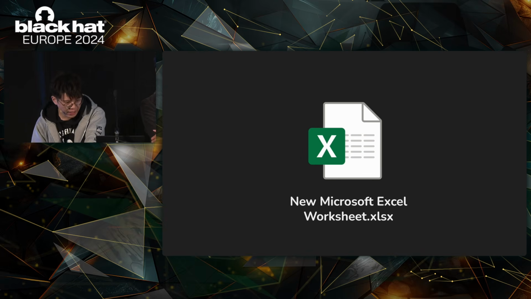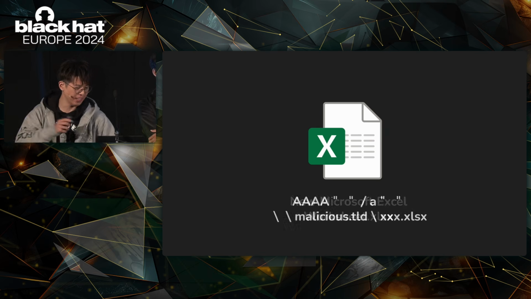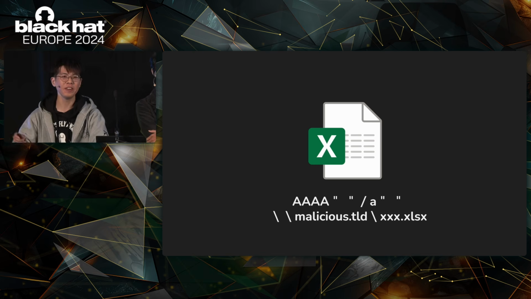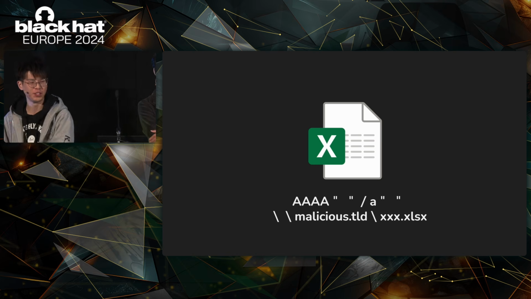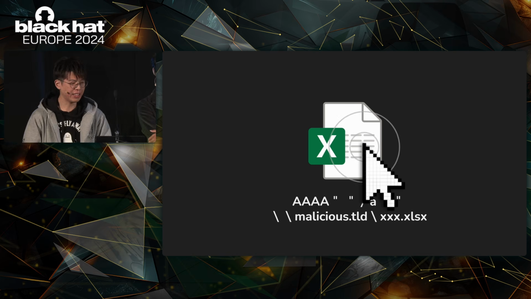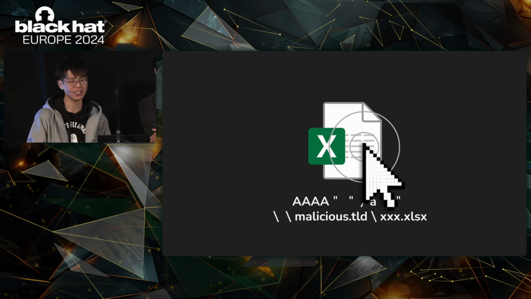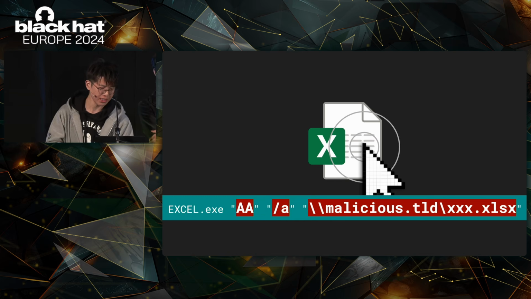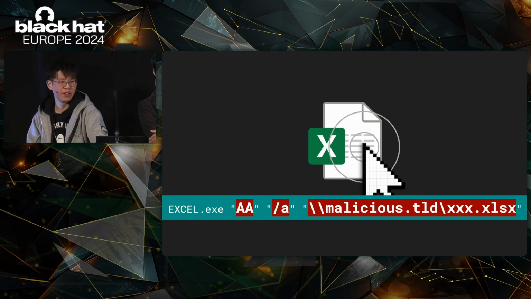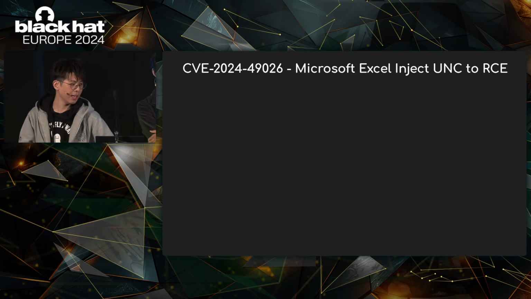If we rename this Excel file into the following name, replacing all the slash, backslash, and double quote with their Unicode versions, once we double-click the file, WorstFit will transform these Unicode characters to their normal versions, leading to argument injection. Here we inject two more arguments to do further exploitation.